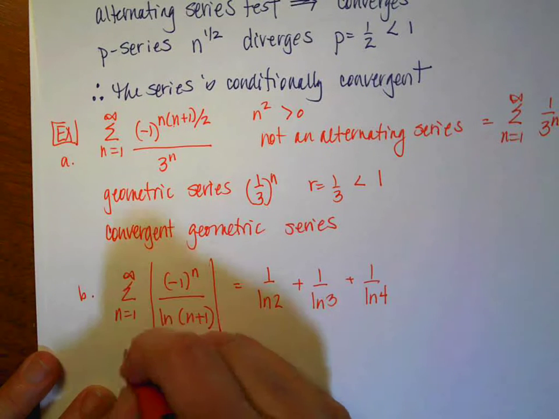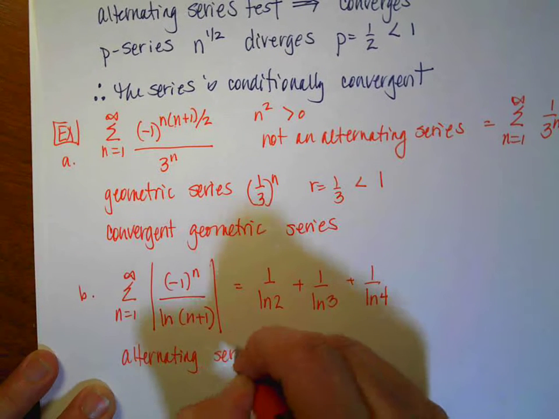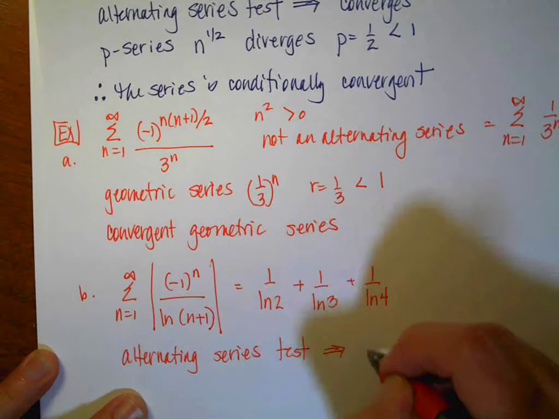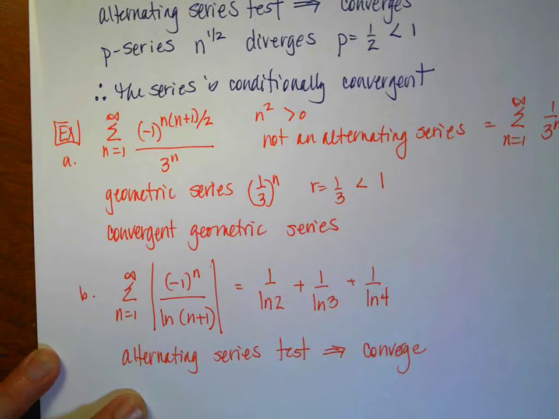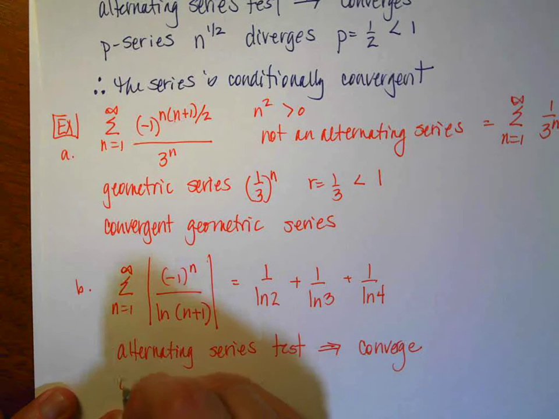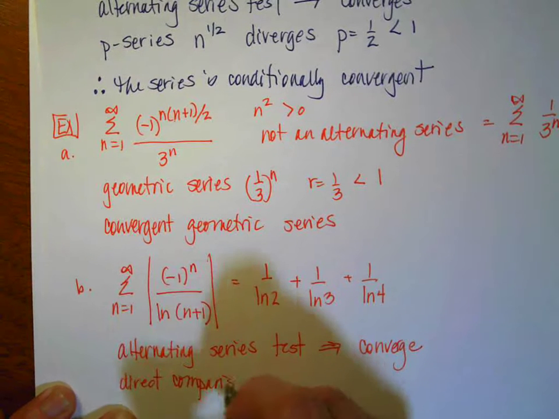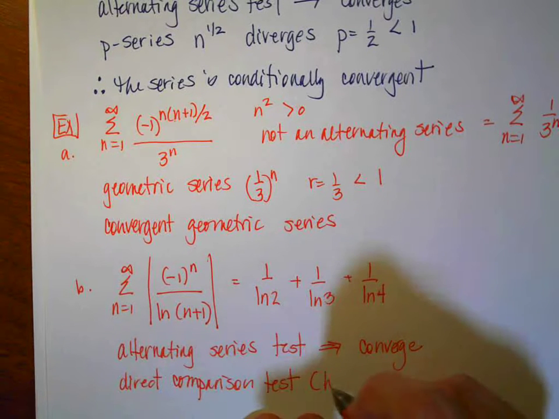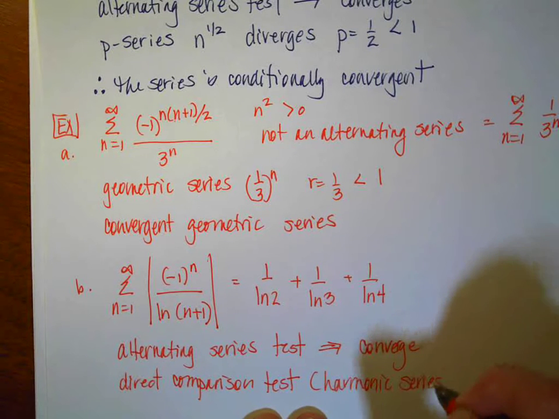Okay, and if I did my alternating series test, and I would leave that to you to show that that is actually true, it would show that this particular series is going to converge. Okay, but if I were to do a direct comparison test, this would be part of a harmonic series.